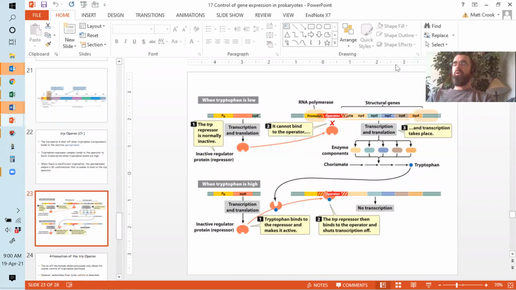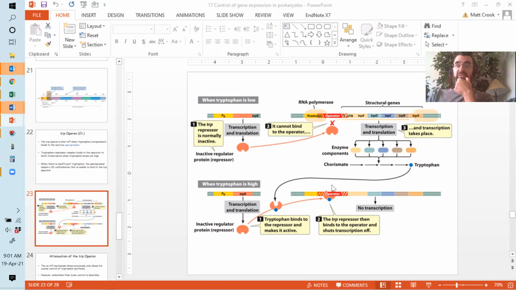So the trp operon is based on negative autoregulation. And so the product of the trp operon, in the sense of what the proteins produced by the trp operon do, is the production of tryptophan, right?